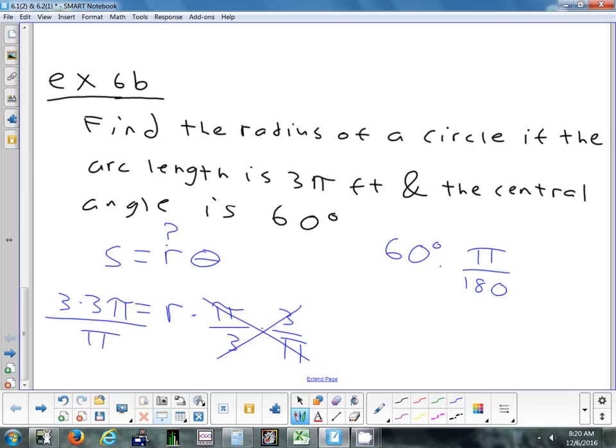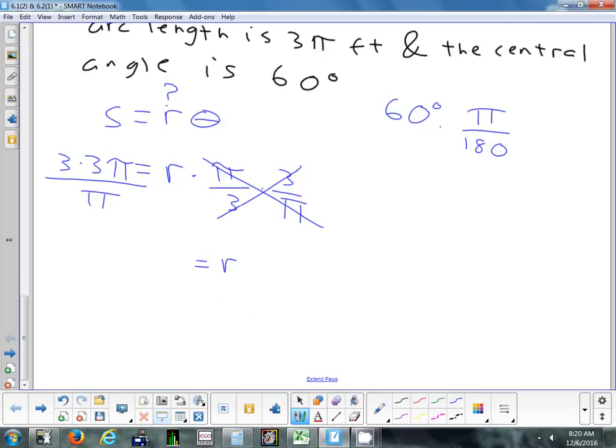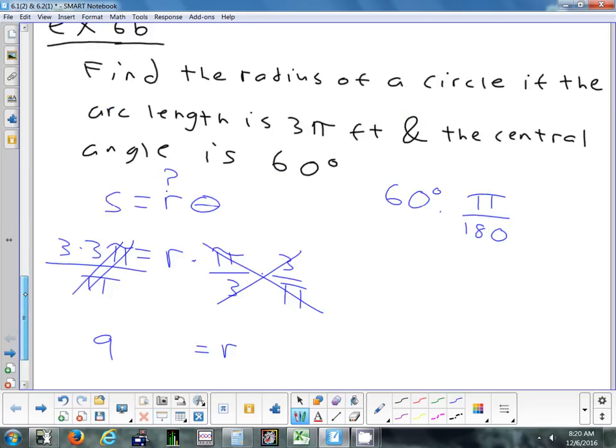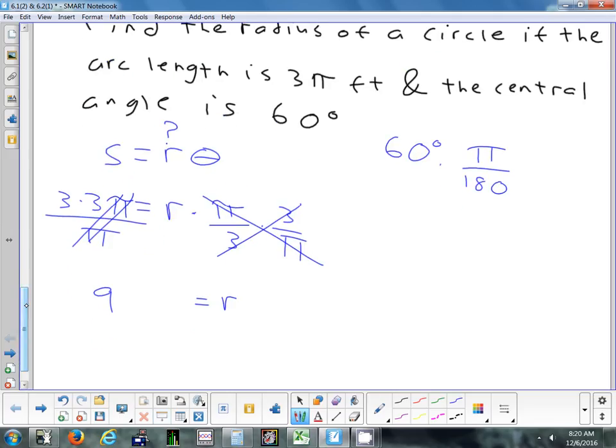So the 3's are gone, pi's are gone, and now you have r by itself. And what is r going to equal? Yeah, it's going to equal 9 what? Feet. Okay, r is the other unit that is a length measurement, and lengths were measured in feet in this problem.